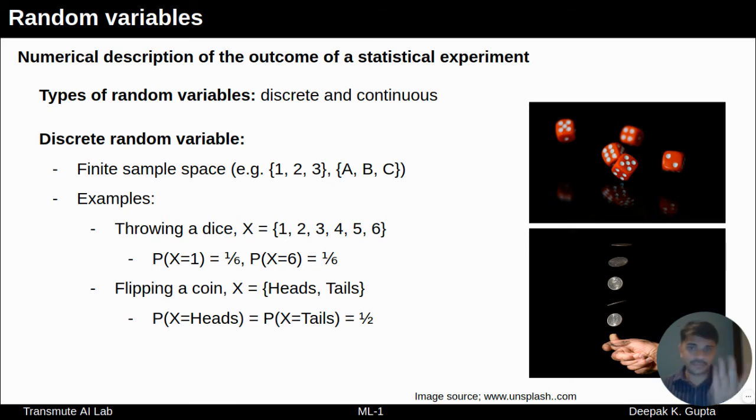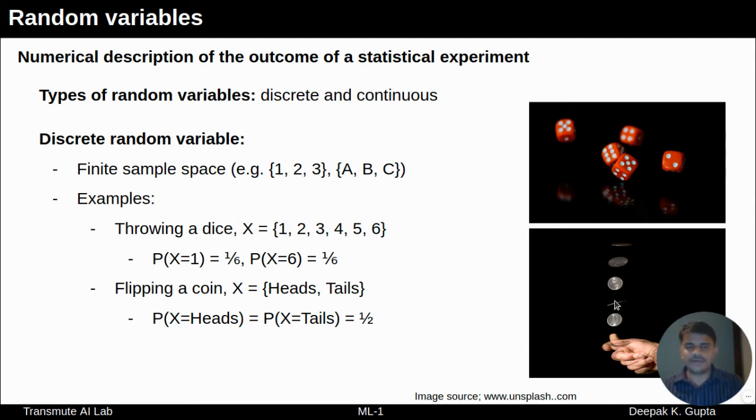The results of a certain other experiment can be A, B, C. For the experiment on the right top, the results can be 1, 2, 3, 4, 5, 6. So a discrete set of results that we can see as an outcome to this statistical experiment of throwing the dice. Then in this case, the two results that we can see are the head and tail.